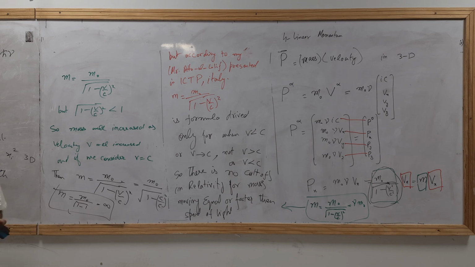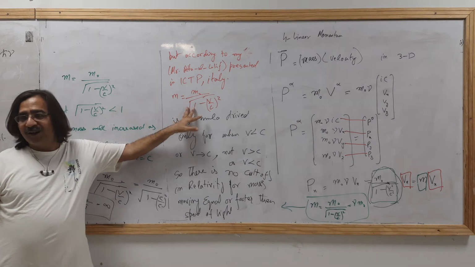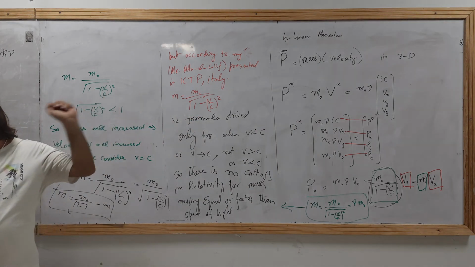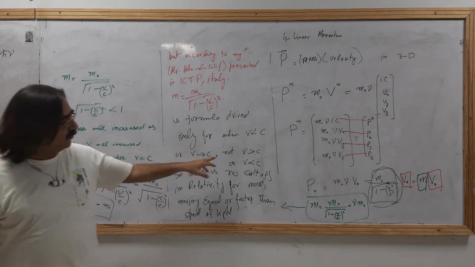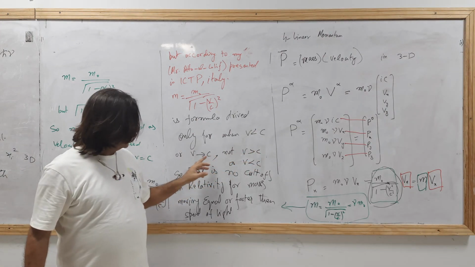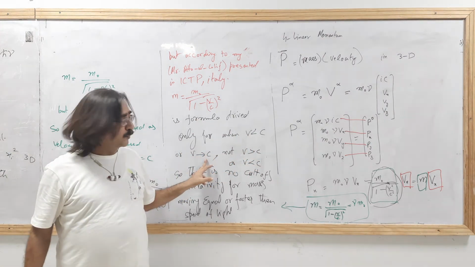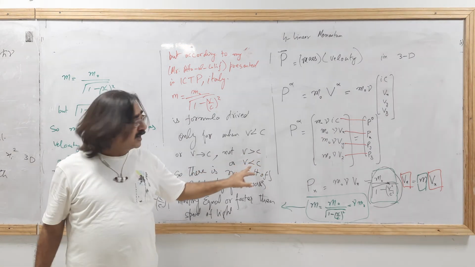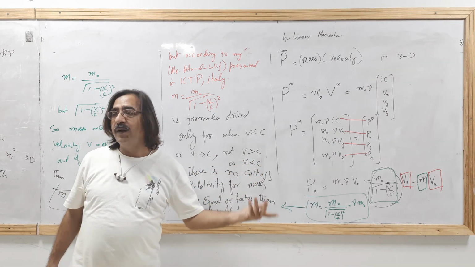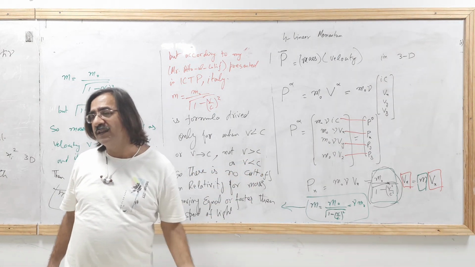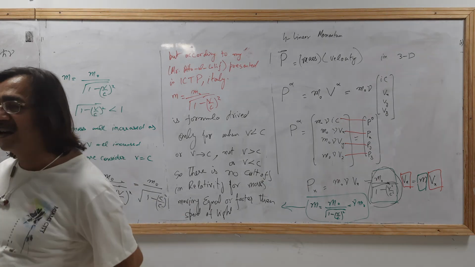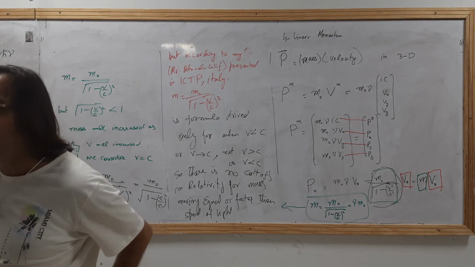But I have proved and presented in my paper at ICTP that this formula was not actually derived for that; it is derived only when v is less than or approaching c. If v is greater, then the formula will be different. So the claim of a cutoff is wrong.